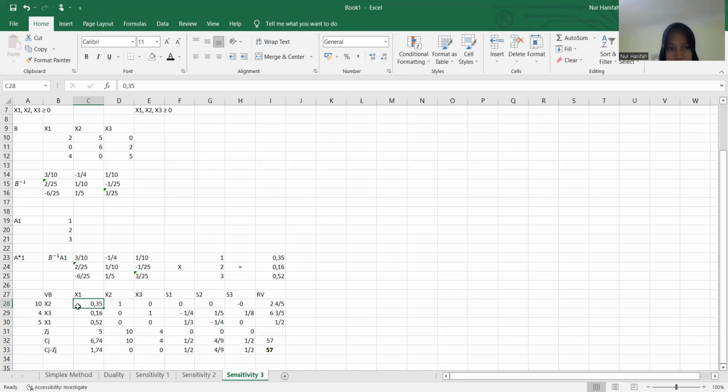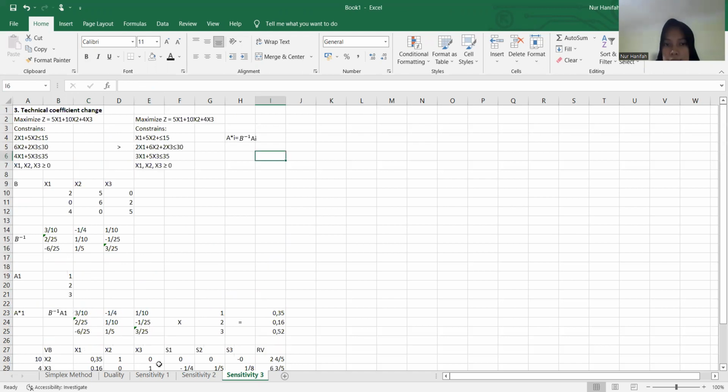Then Cj will also change since I changed the value of this column, and Cj minus Zj is equal to 1.74, and the value is still the same as before, 57.